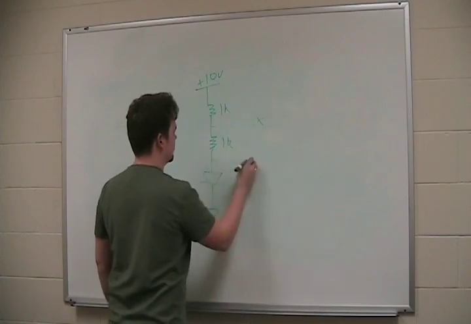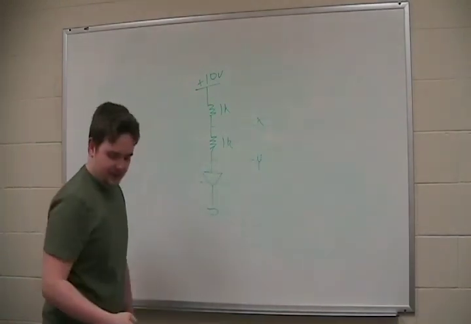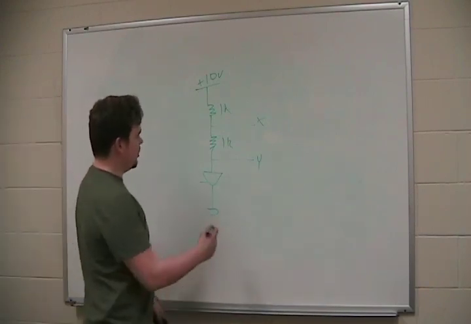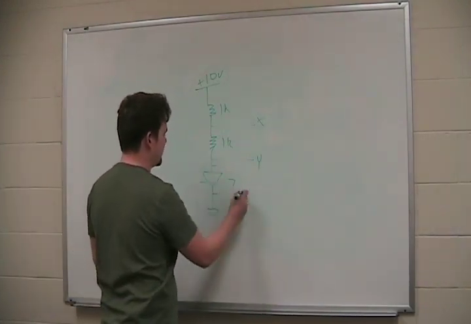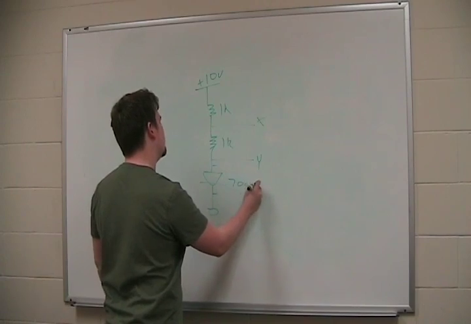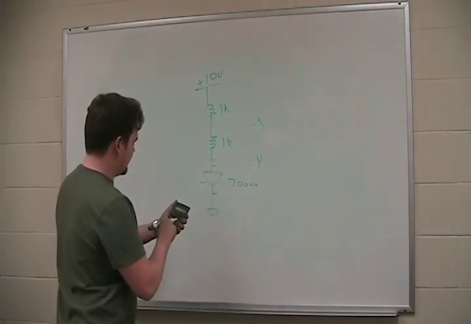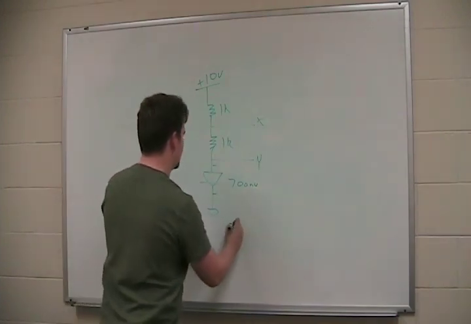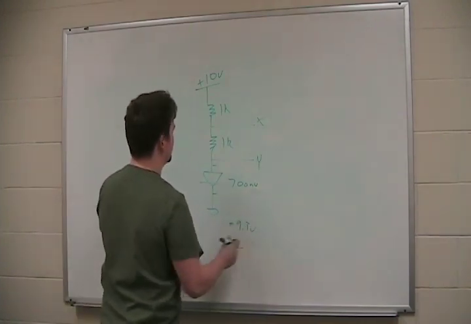X, Y. How do we figure this out? First we get our trusty calculators. We know 700 millivolts is going to be dropped across here. So 10 minus 700 millivolts, 10 minus 0.7 equals 9.3 volts.